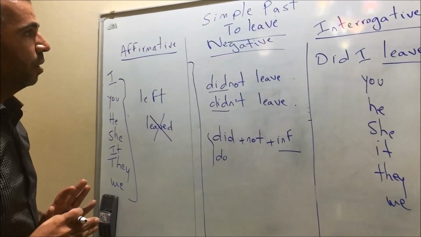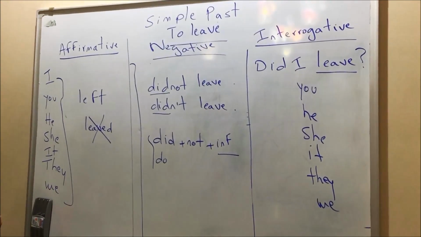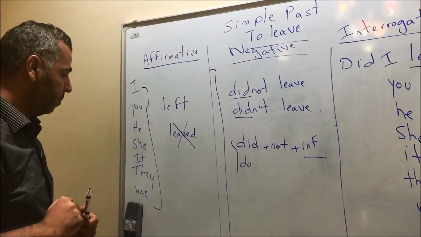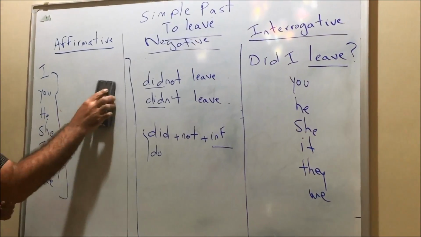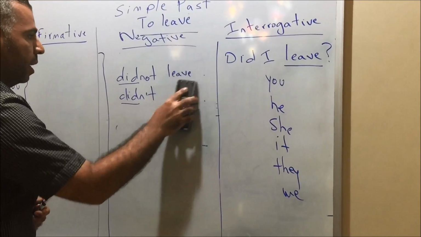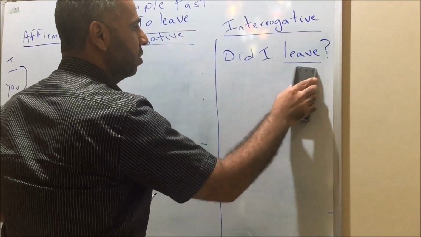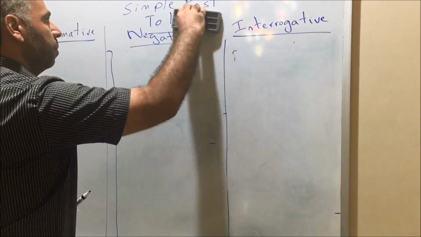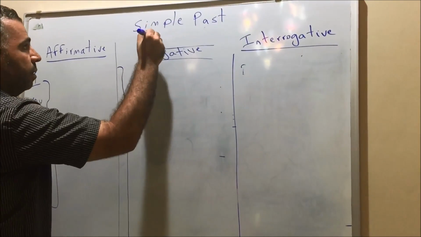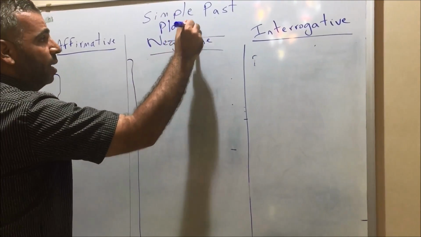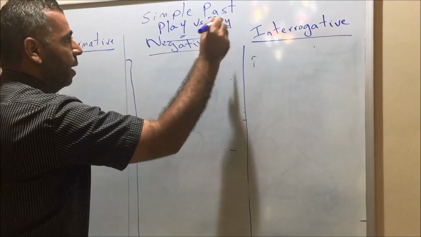Okay, so this is almost all about the simple past, but you need to say something about verbs ending with y. We are going to take an example. Let's take the example of the verbs play and try. Play ending with y versus try ending with y.